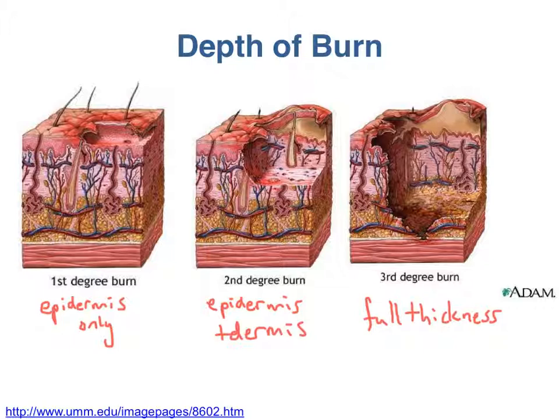Third-degree burns may actually be less immediately painful at the site of the burn because all of the nerve endings that would normally detect pain in the dermis are gone. They've been burned away. There may still be large amounts of pain through damaged tissue around the burn, but at the site of the burn itself, those pain-detecting nerve endings are gone.